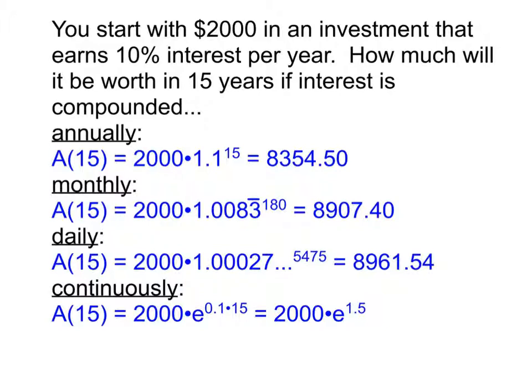It actually is right above a button that says LN. It's second LN. We'll be learning about the LN actually next week because it is related to e to the x. But you're going to go second LN. And when you do that on your TI-83 or 84, it then is displaying on the screen e to the power of, fill in the blank. So you type in 1.5 and press equals, and then you say times 2,000.